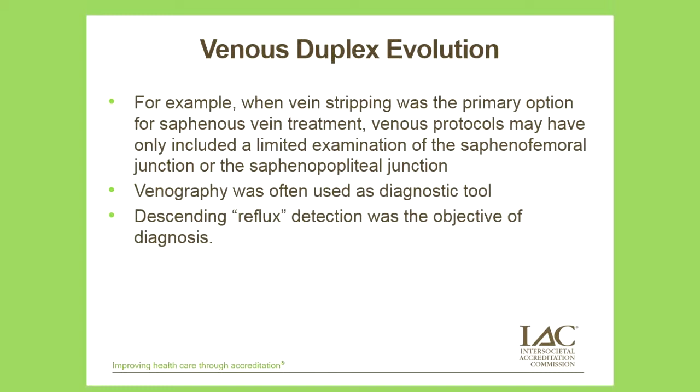Venography was often used as a coordinating diagnostic tool. But that's because we used to believe that descending reflux was the objective, and it is. We didn't know there was ascending reflux. We only assumed, and the knowledge base was that of descending reflux.